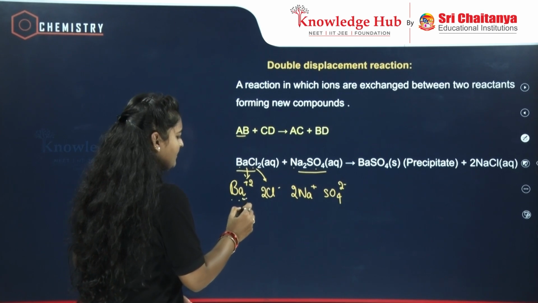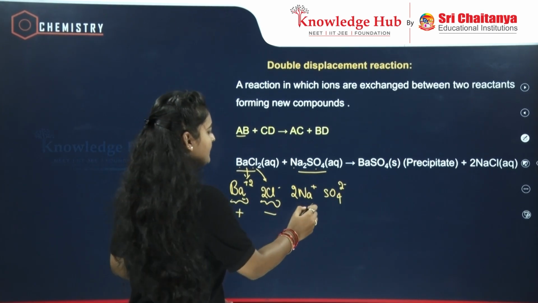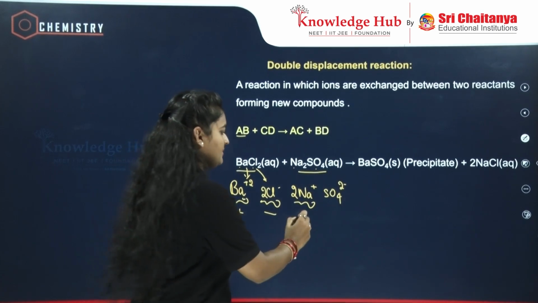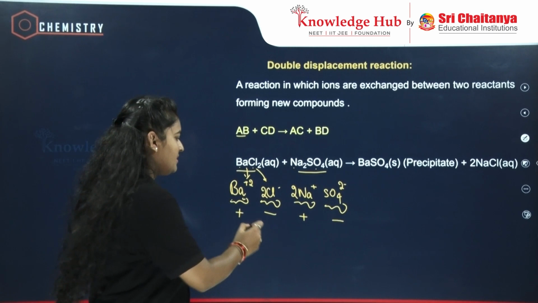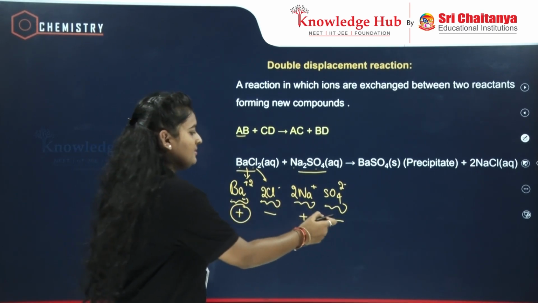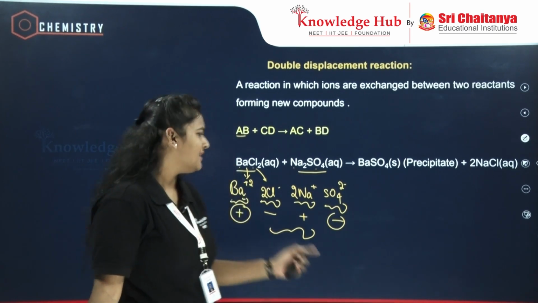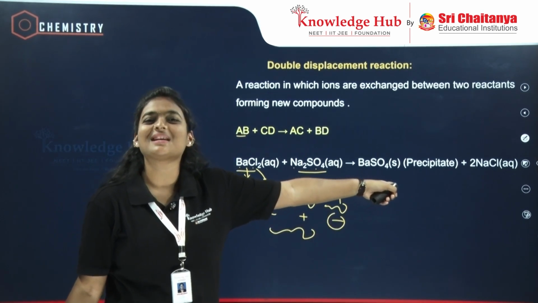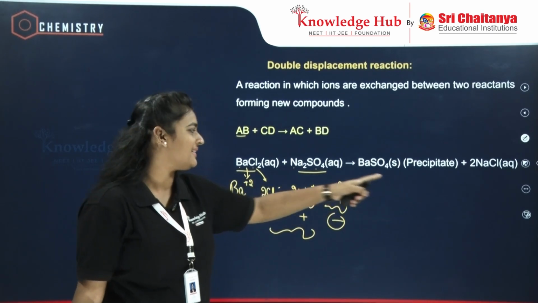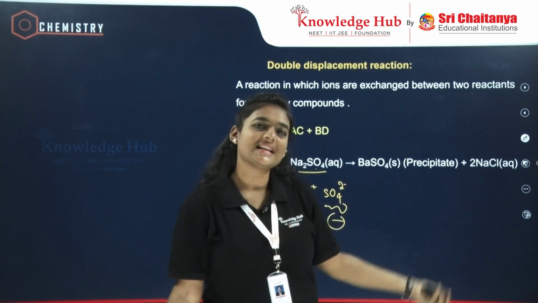This is positive, this is negative, and this is again positive and this again negative. Exchange the ions: this plus with the other minus, and this plus with the other minus. So barium and sulfate form barium sulfate, your precipitate, and NaCl, sodium chloride, that's it.